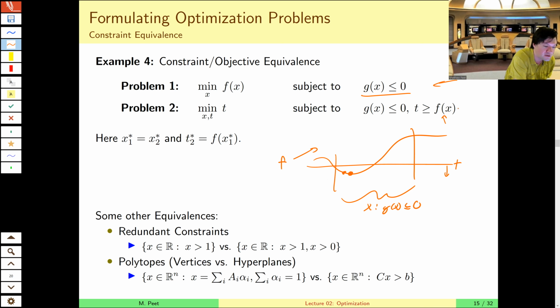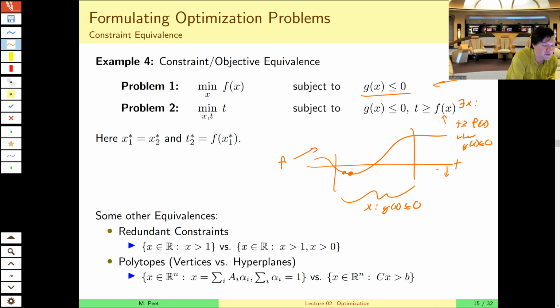So there exists an x such that t is greater than f of x where g of x is less than or equal to 0, where g is the feasible set.